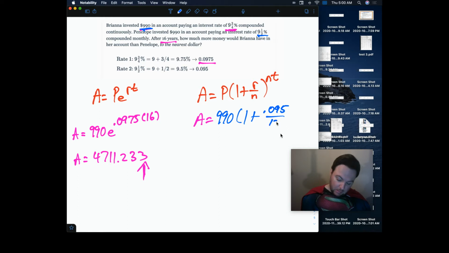Now, n is going to become 12 because we're cutting it up into months. And this is going to be 12 times 16. Because how many intervals are we doing? Well, if you're doing it 12 times every year and you're doing it for 16 years, that's 12 times 16. Okay. So the important thing here is to make sure you type it in.